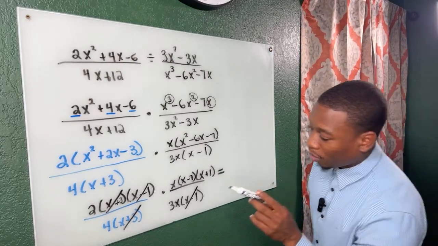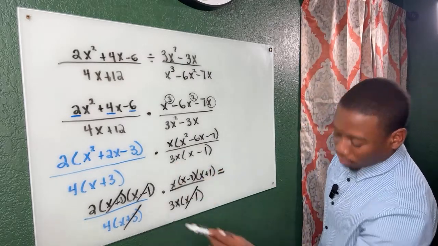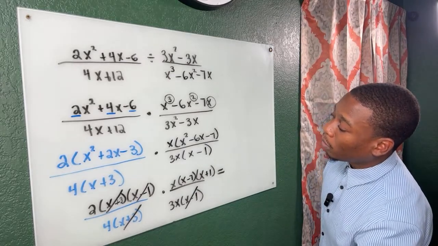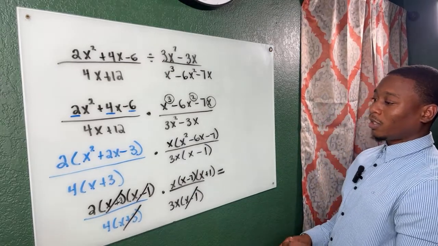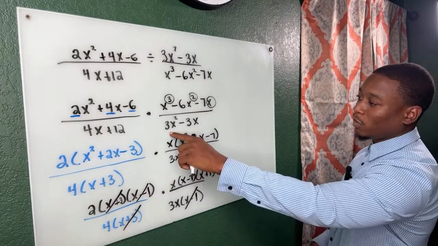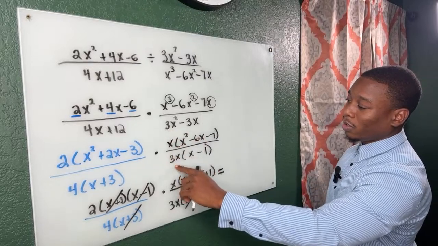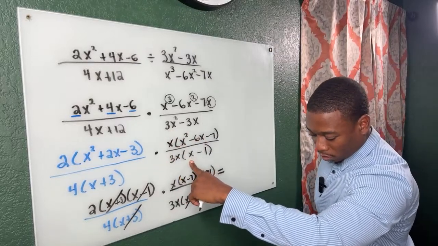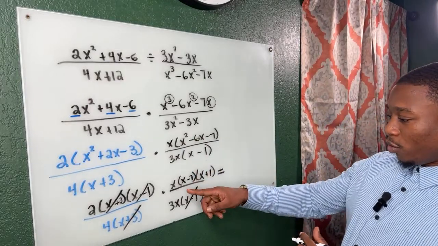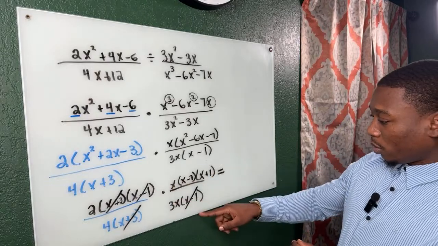Let's make sure. x plus 1, x plus 3. Okay, okay. I think I see what I did wrong. Is that it? Let's make sure. Let's go back. So 3x, we pulled out 3x. That's x minus 1. Let's make sure: x minus 7, x plus 1, x minus 1.